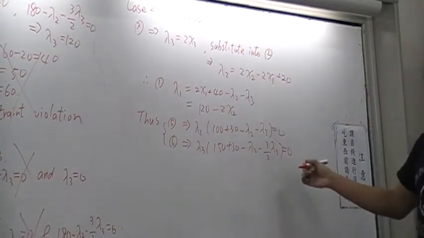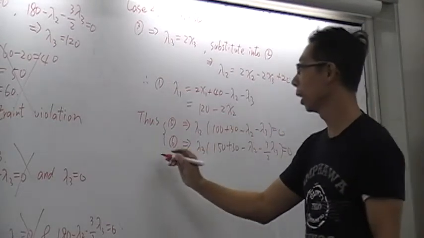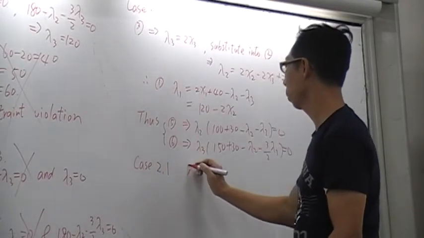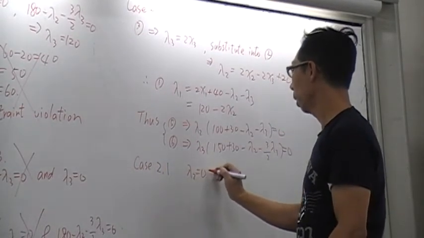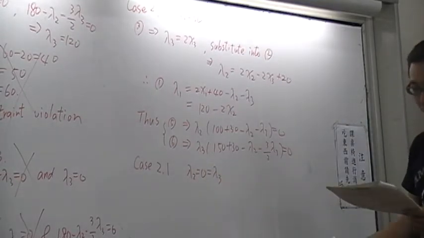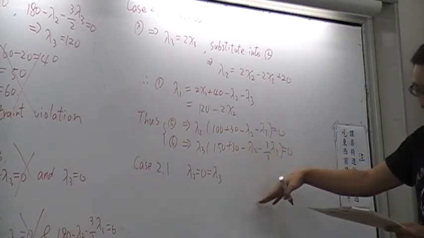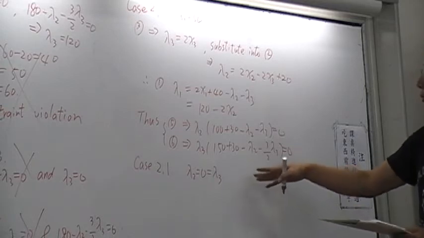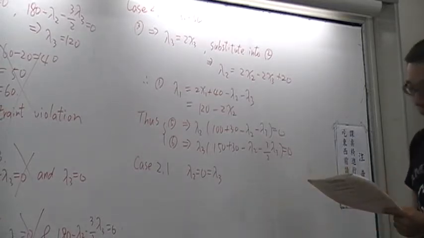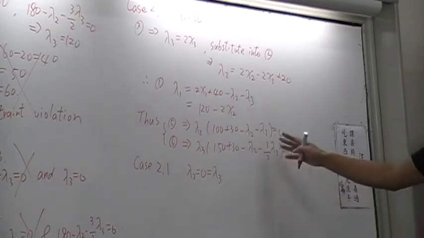As you can see again, there are 4 cases. So, let's say case 2.1, both lambda 2 and lambda 3 are zeros. If both of them are zeros, then you can just continue with solving the problem.